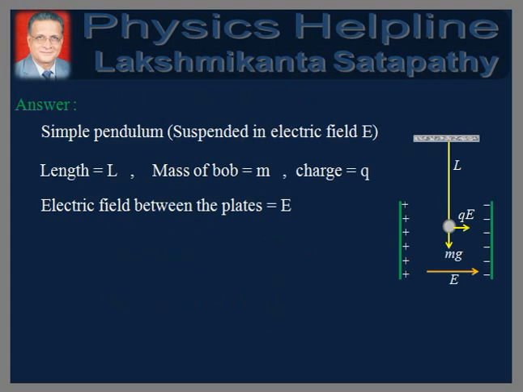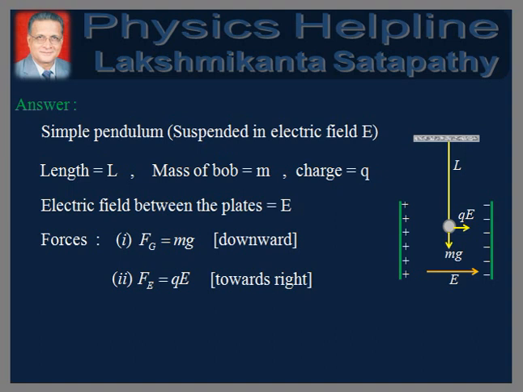Now, for the answer. According to the question, the simple pendulum is suspended between the plates of a charged parallel plate capacitor as shown in the figure. The bob of the pendulum is now given a charge q. Electric field between the plates of the capacitor is equal to E. The forces acting on the bob are as follows.